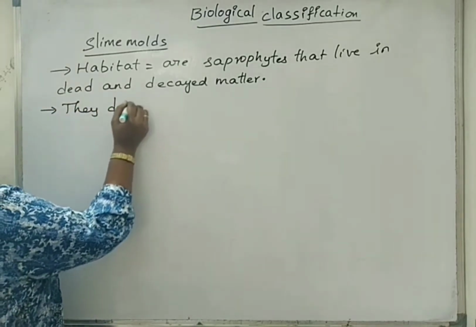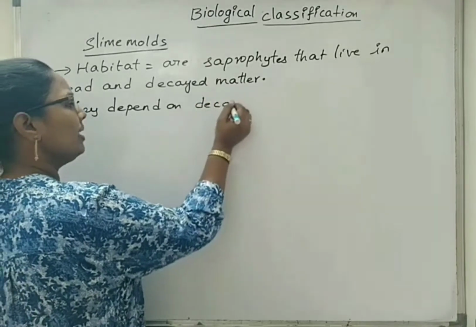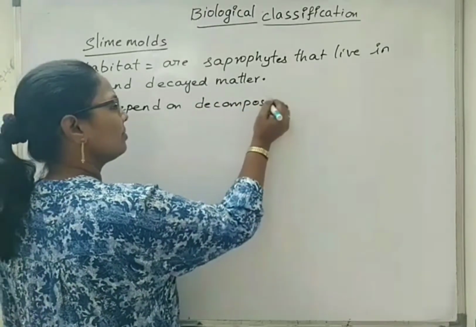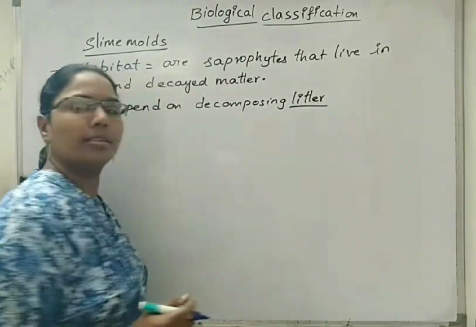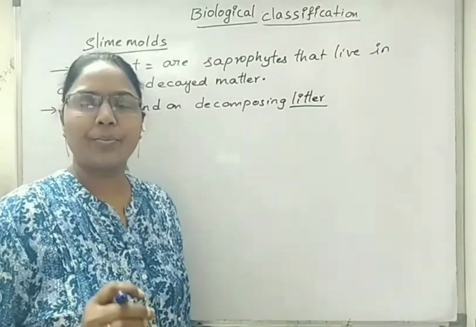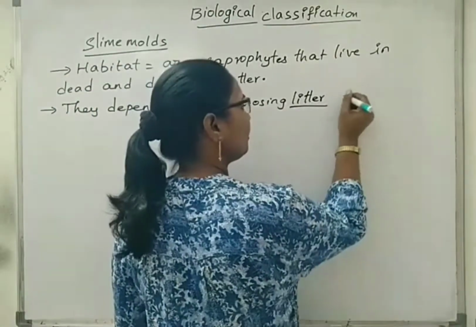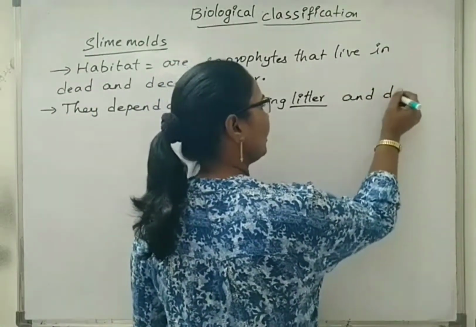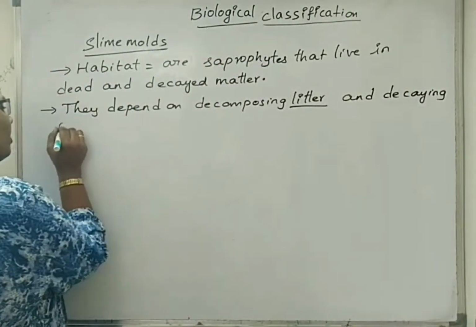So they depend on decomposing litter. Litter means the fallen leaves and the waste parts, twigs, etc. from the plants. Decomposing litter and decaying organic matter.